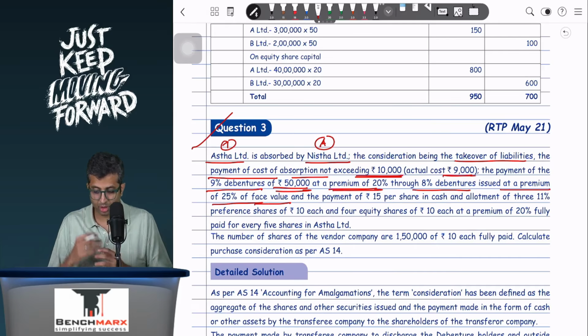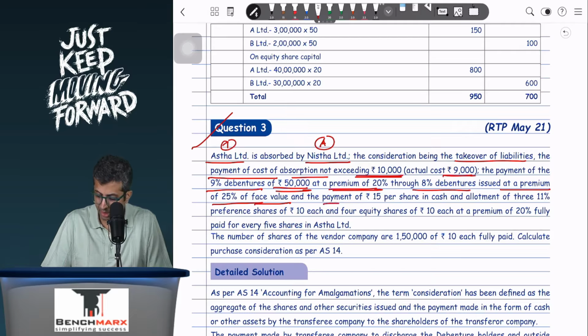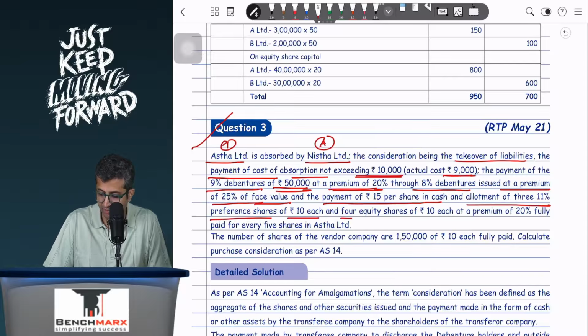So for taking over debentures, you are agreeing to issue your own debentures. There is some premium discount over here, and the payment of 15 per share in cash, an allotment of 11% preference shares of rupees 10 each, and 4 equity shares of rupees 10 each at a premium of 10% fully paid for every 5 shares of Astha.